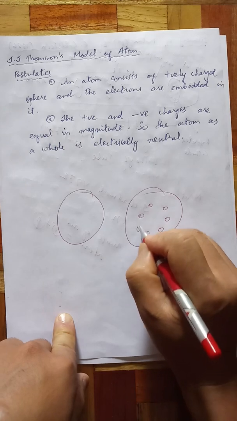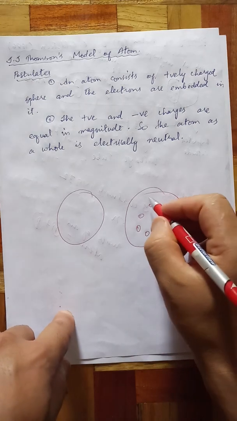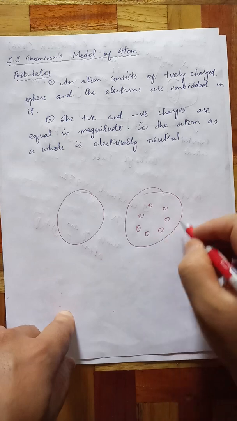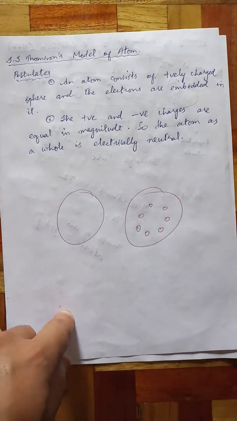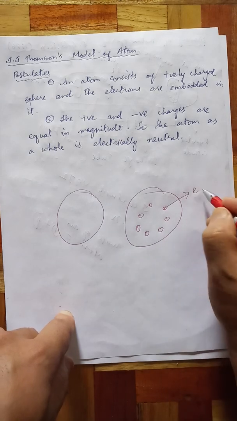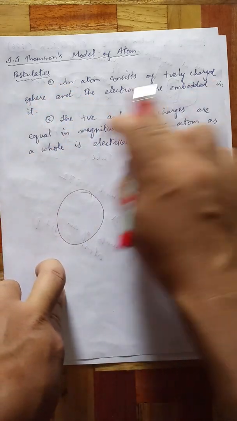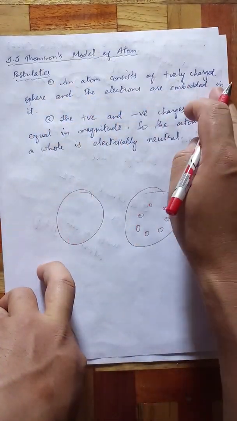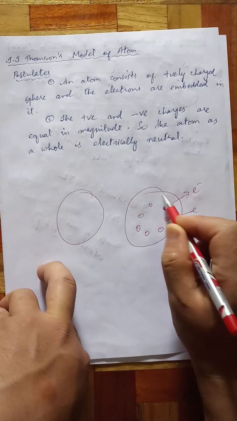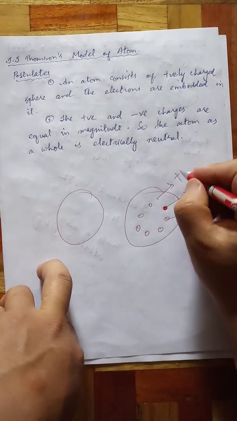He considered the seeds as the electrons, and the red edible portion as the positive charge.